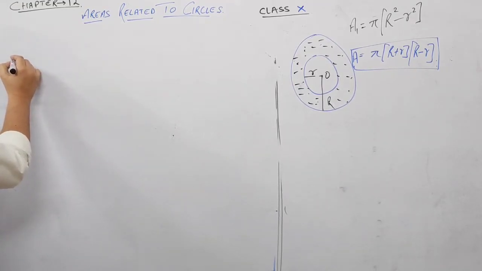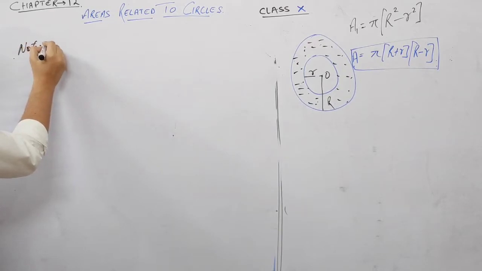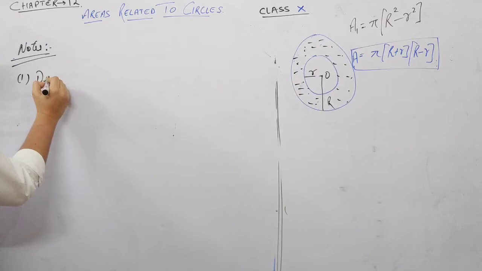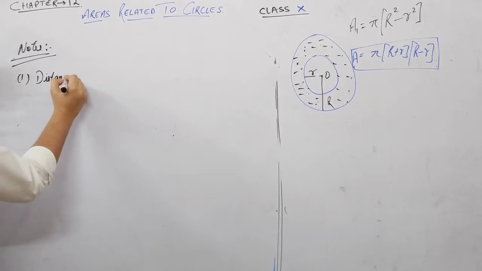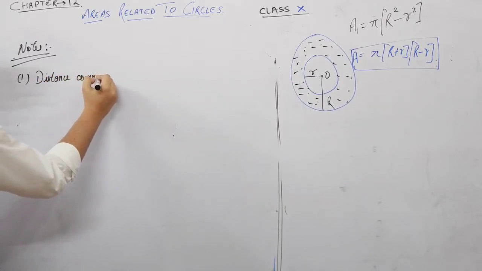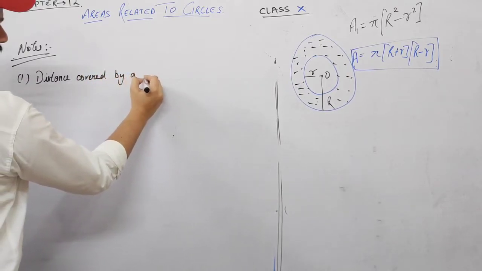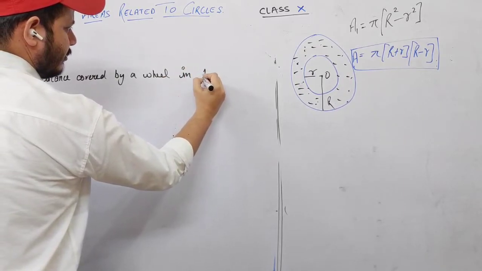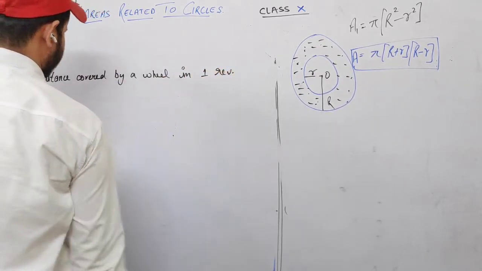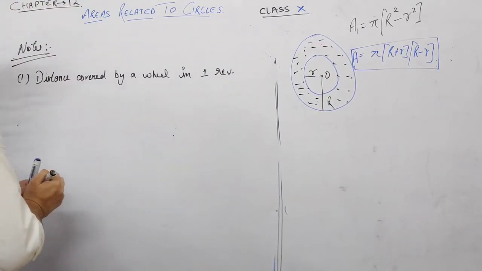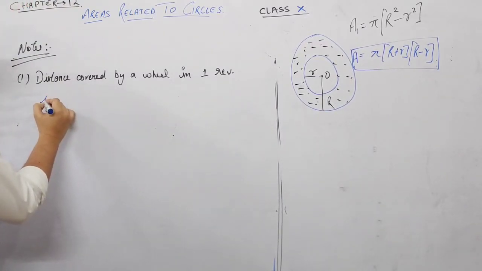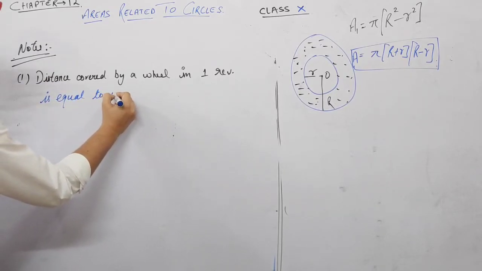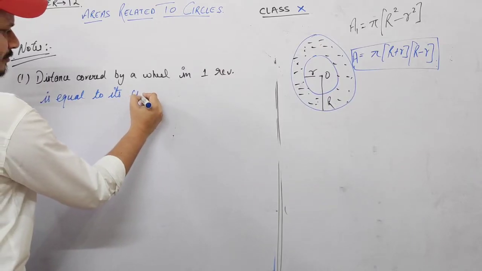You can write it in your notes: the distance covered by a wheel in one revolution is equal to its circumference.